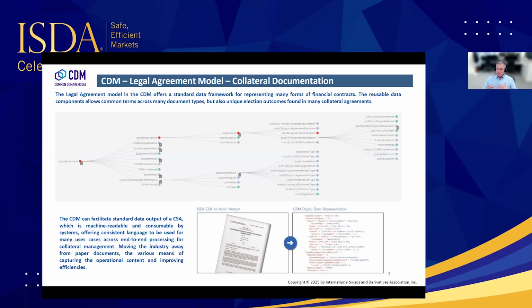How this can be used, we'll go into in a bit more detail, but there are many use cases, and one of them is that we can extract information from already negotiated contracts or newly negotiated contracts and put them into standard version data that can be consumed and read more easily by systems.